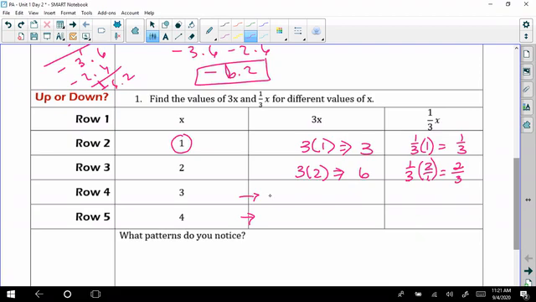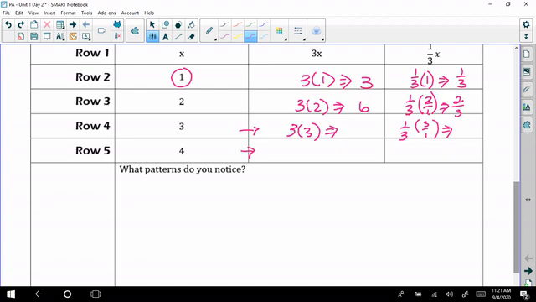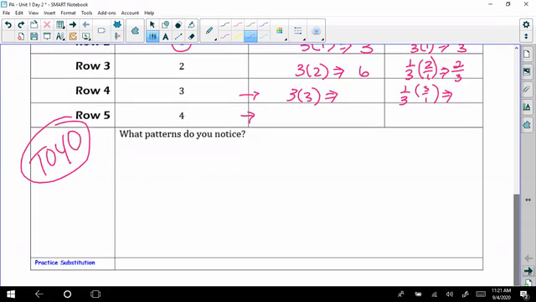So when I plug this in, this one's going to be like a 3 times 3 to evaluate it, and this is going to be a 1/3 times 3 over 1, and then evaluate it. So then what patterns do you notice? Please fill that out on your own. So try on your own. I'll be looking for that when I'm looking over the Pear Deck for your completion part.